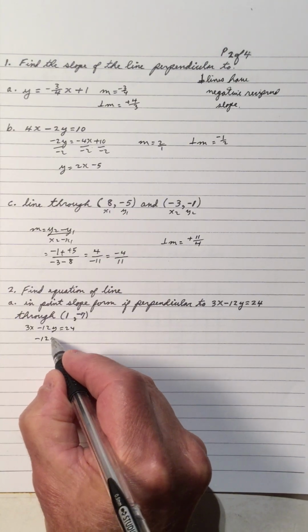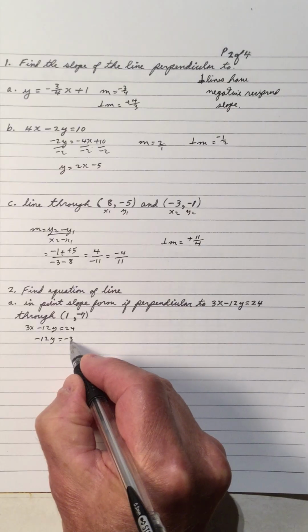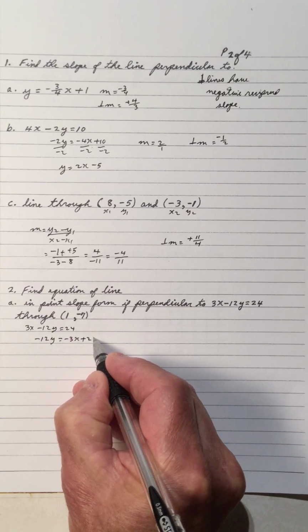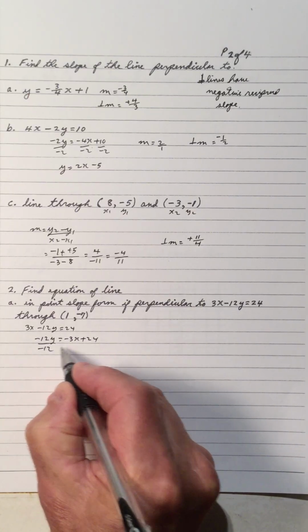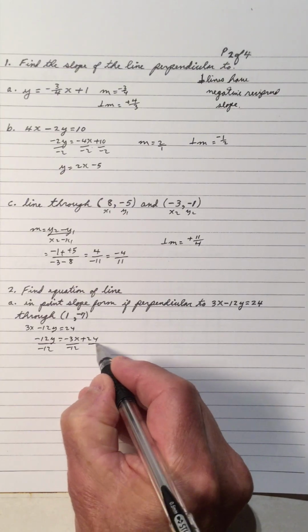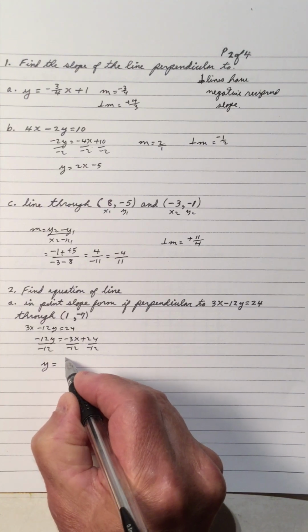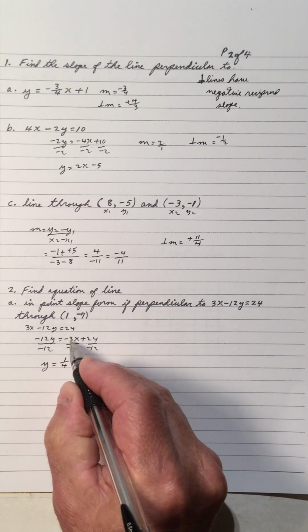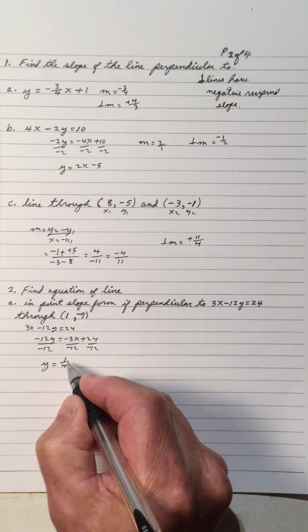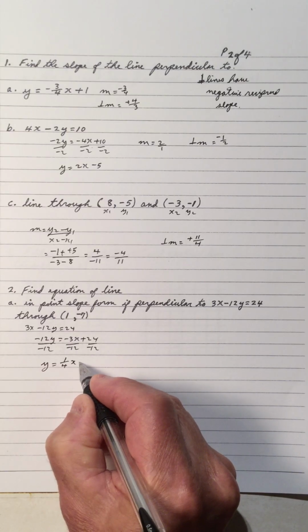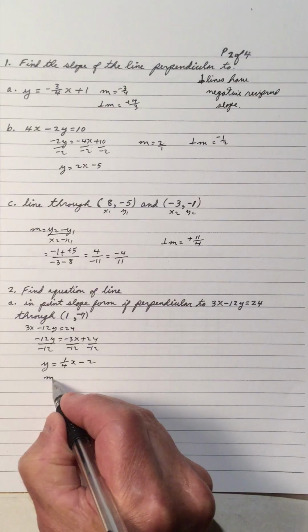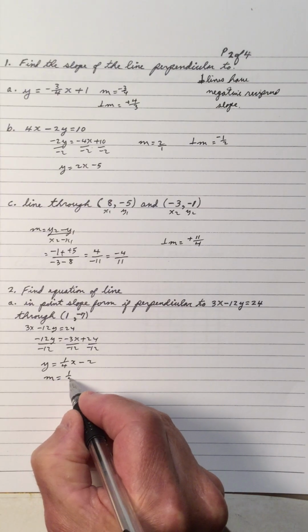So -12y equals -3x plus 24, divided by -12, and we have y equals 1/4 x minus 2. So the slope of this line is 1/4.